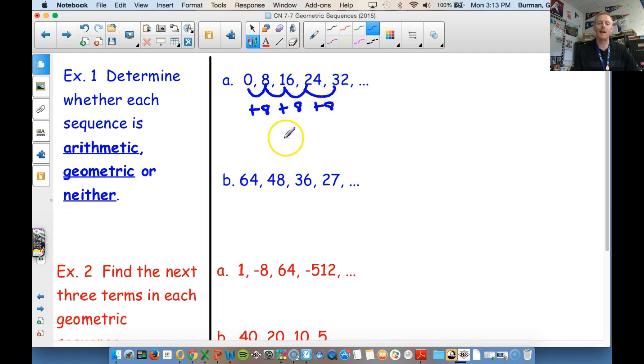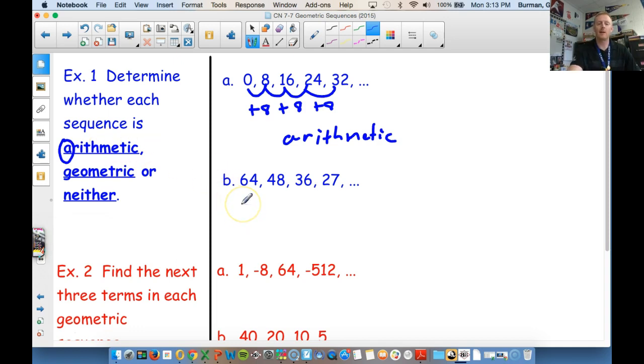Because we're adding 8, this is an arithmetic sequence. Earlier in the year we talked about arithmetic using the A for adding, and remember that if you're adding you can also be adding a negative number, because that means the exact same thing as subtracting. So those are our add-subtract types of sequences.